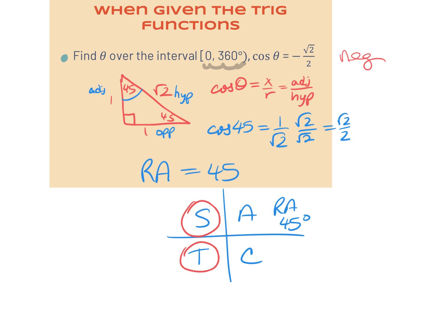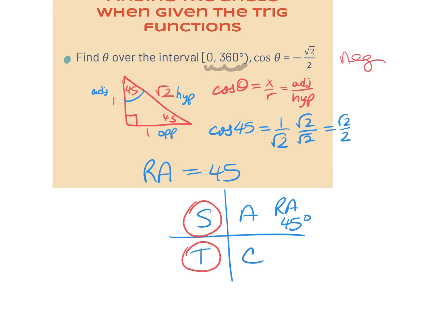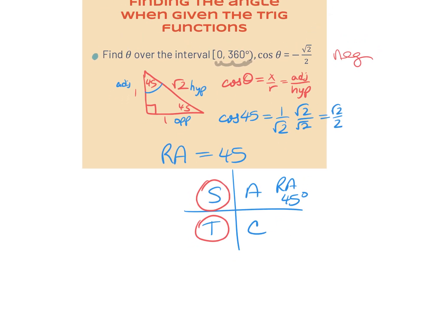So now in order to find the answer for theta, I need to use the rules. This is the reference angle. This one's going to be 180 minus that reference angle. This will be 180 plus the reference angle. And this will be 360 minus the reference angle. But the calculations I'm going to complete to get this answer are going to be this and this, because that's where cosine is negative.